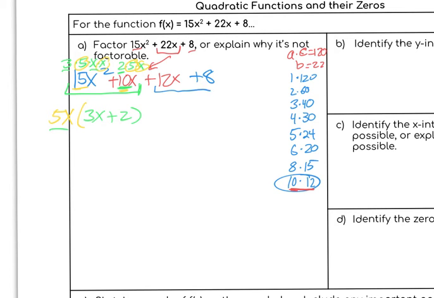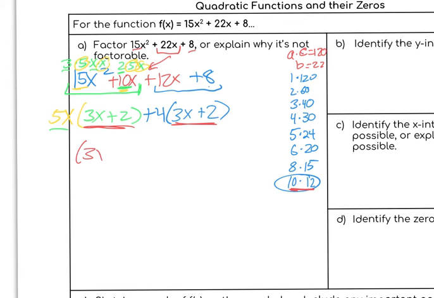For the next pair, I'm looking for what I can divide both 12x and 8 by, and that's going to be 4. So when we do that division, 12 divided by 4 is going to be 3x, and 8 divided by 4 is going to be a plus 2. That's good news because we have two things that are now the same.